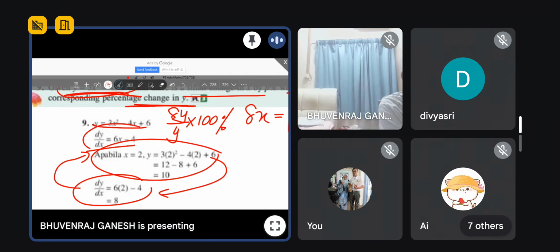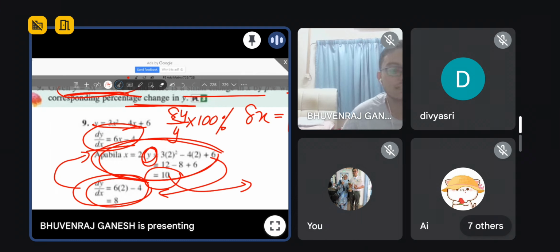Since you already found dy/dx, maybe you want to substitute x is 2 first and count dy/dx. So you get 8, also can. Then you substitute x equals 2 again inside your y equation. Then count the value. Why do we count this value, guys? Can anyone tell me the reason?